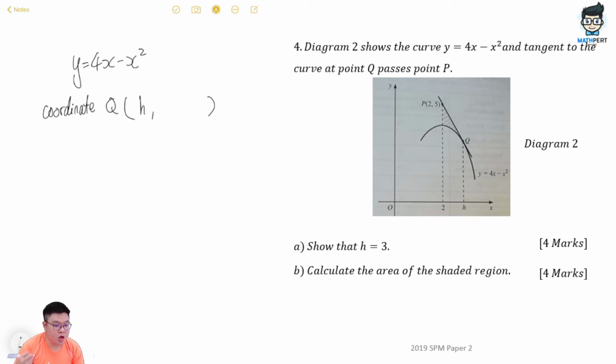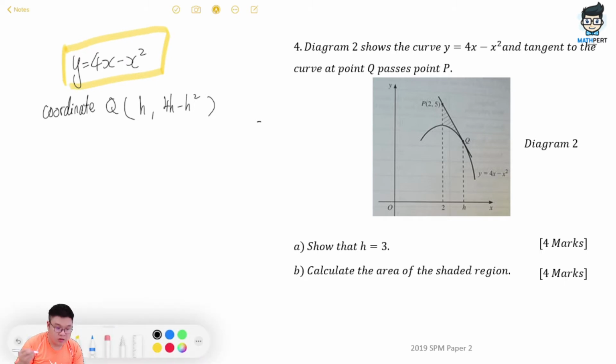When x is equal to h, y will be 4h minus h squared. We just substitute x equals h into the equation of the curve. So now we know the coordinates of Q are h and 4h minus h squared, and we can find the gradient of the tangent at point Q.